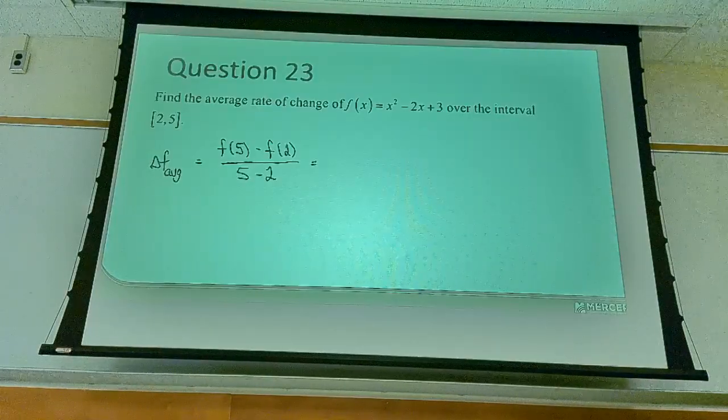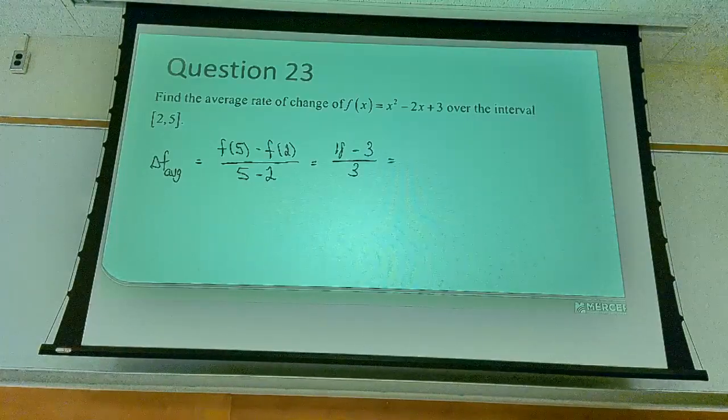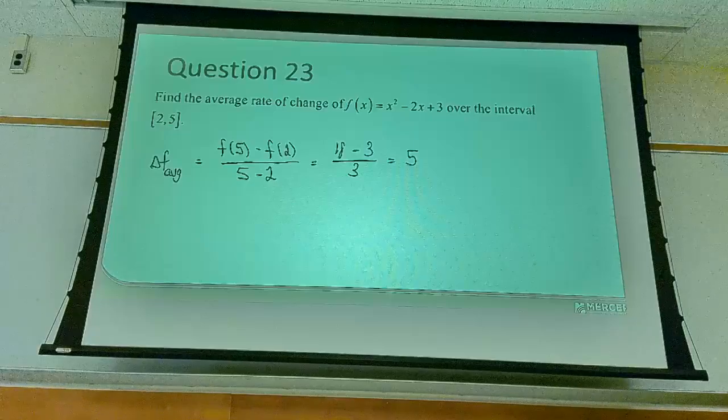F of 5 is 18. F of 2 is 3. I agree, 3. All over 3. What's 18 minus 3? 15. 15 over 3. 5. Average rate of change is 5.